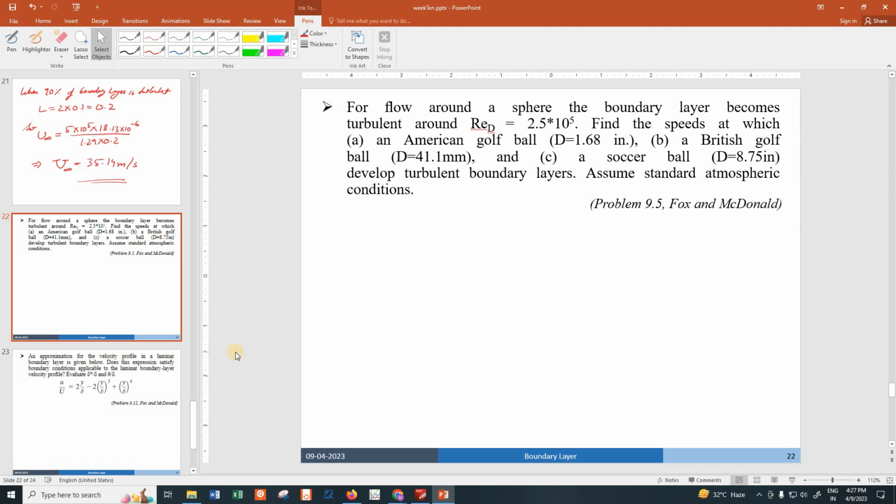Okay, so here the critical Reynolds number given to us is 5 into 10 to the power 5. This is the critical Reynolds number.